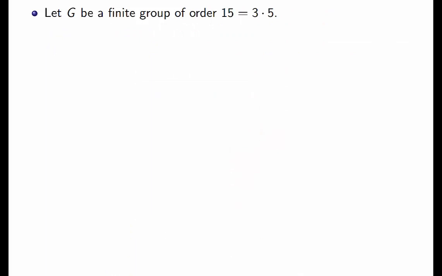Now let G be a finite group of order 15. The prime decomposition of 15 is 3 and 5, right? Well, now 3 and 5 are prime numbers, and 5 is greater than 3, and also 3 does not divide 5 minus 1, which is 4. Then our previous results apply right away.